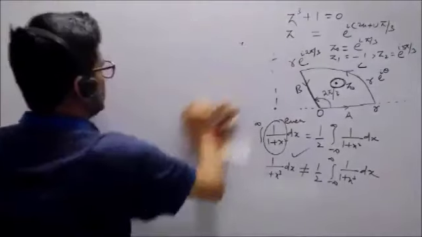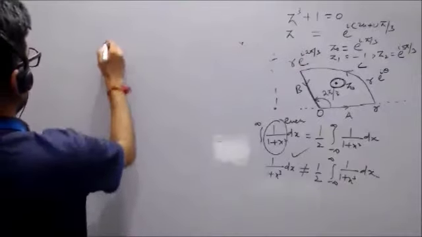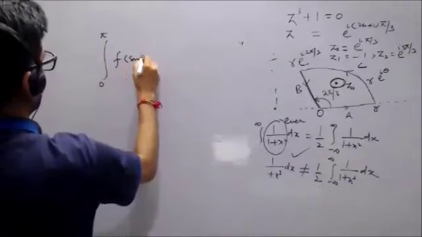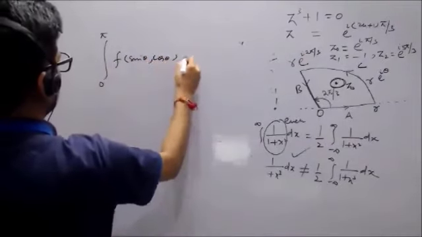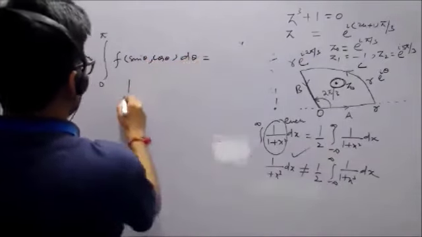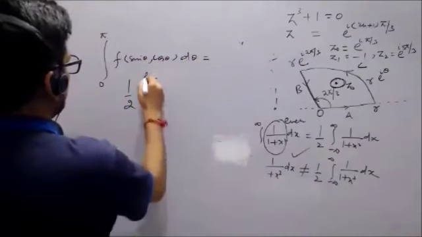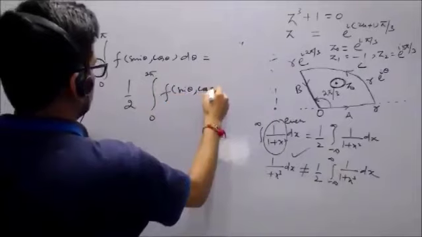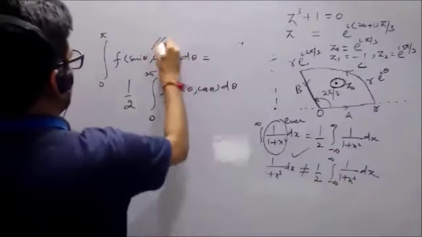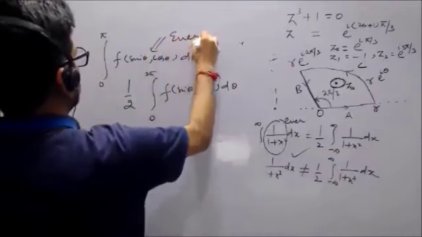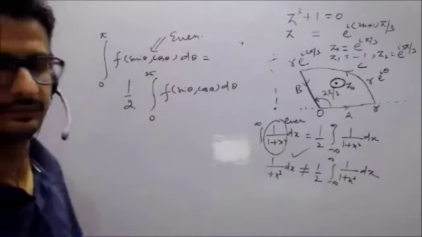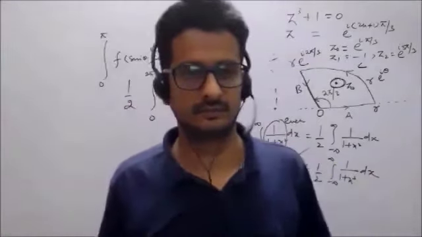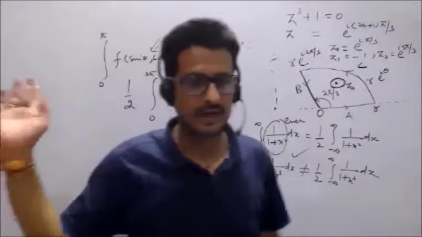Okay, so suppose the integral is 0 to pi of some f of sin theta cos theta d theta. So write it as half of 0 to 2 pi f of sin theta cos theta d theta, and this should be even. Check that this should be even. Odd we can't handle.